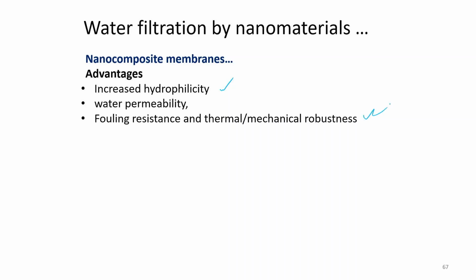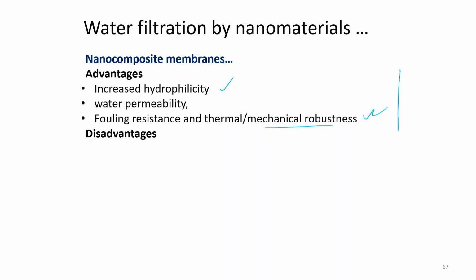So, we can enhance the mechanical strength by incorporating the nanoparticles there, the strength will increase, even the temperature, the melting point. So, it will be thermally stable. So, we can improve the characteristics of the membranes by incorporating the nanoparticles, to form the nanocomposite membrane.